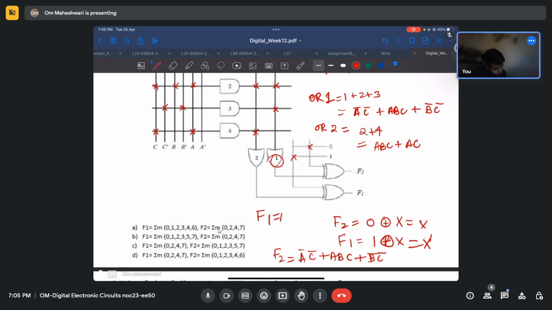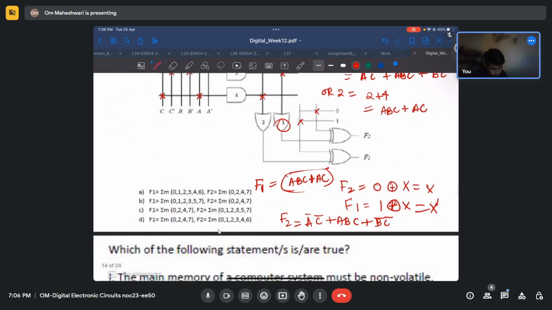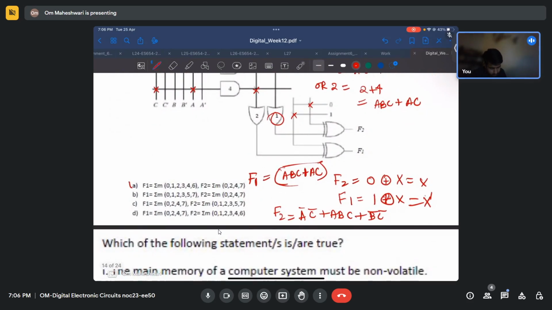F1 will be ABC plus AC whole bar. If you solve the K-map for this, you will get this first option, minterms 0, 1, 2, 3, 4, or you can just expand it.